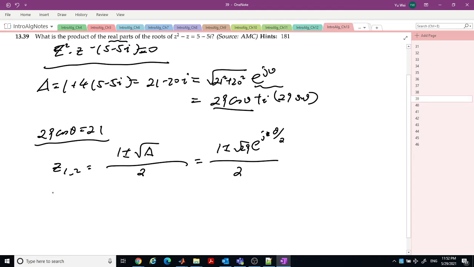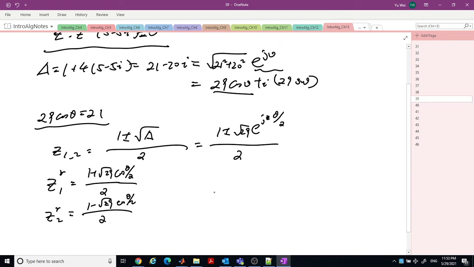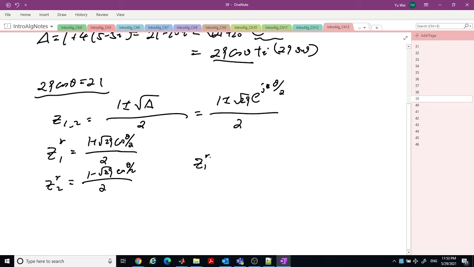So the real part of the first root is equal to 1 plus root 29 cosine theta over 2 over 2, and the real part of the second root is 1 minus root 29 cosine theta over 2 over 2. So now we can solve z1r times z2r, which is equal to 1/4 times 1 minus 29 times cosine squared of theta over 2. Now we have this, right?